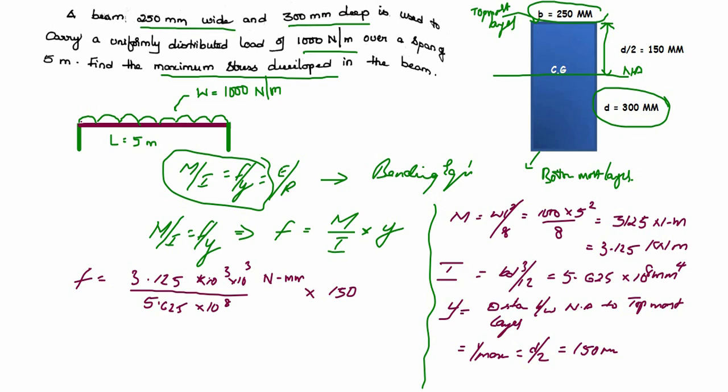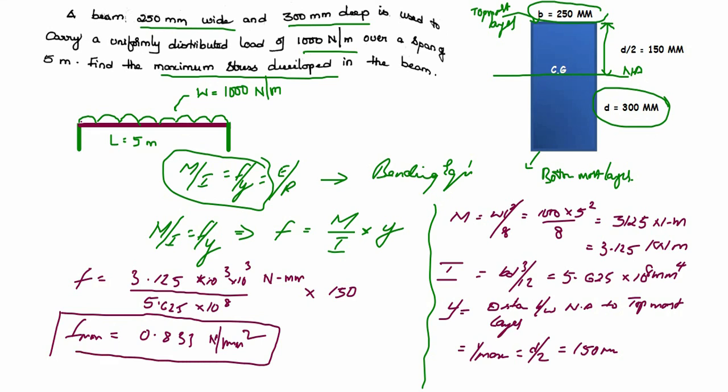So what is the stress value? F max is going to be around 0.833 Newton per mm square. So this is the value of stress that is present in the topmost layer, which is maximum.